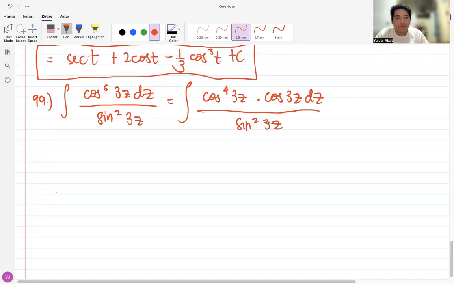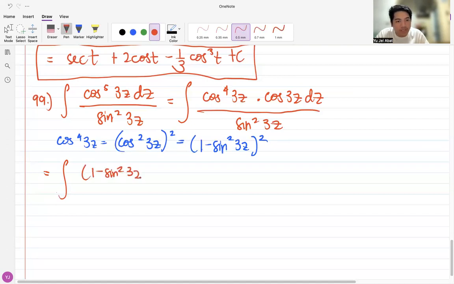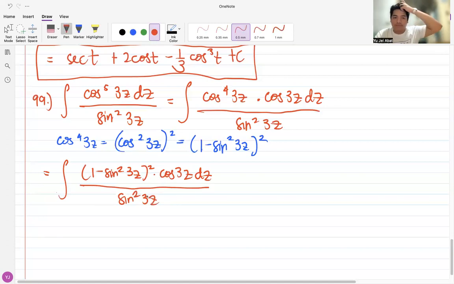Of course, I'm going to convert cosine to the 4th of 3z, which equals cosine squared 3z, squared. But I know that cosine squared of 3z is 1 minus sine squared of 3z, so I'm going to convert that. So that would be 1 minus sine squared of 3z, squared, multiplied by cosine 3z dz all over sine squared of 3z.